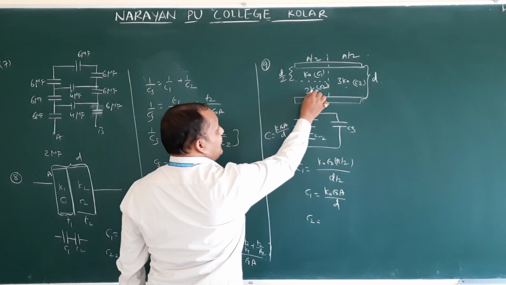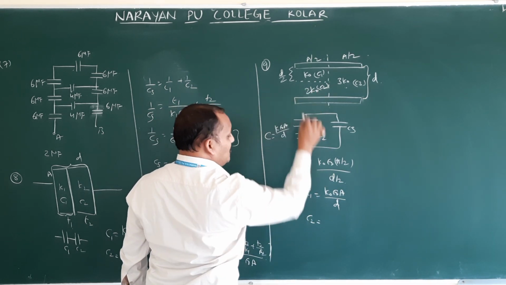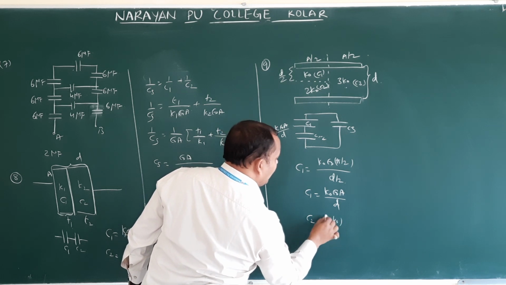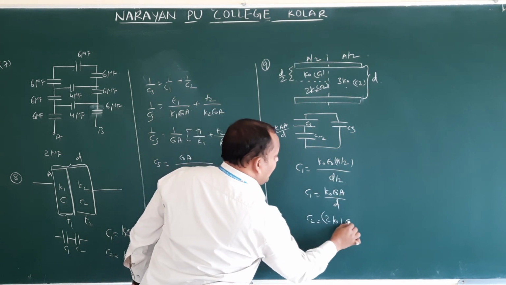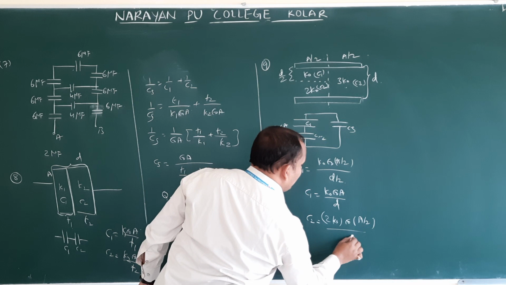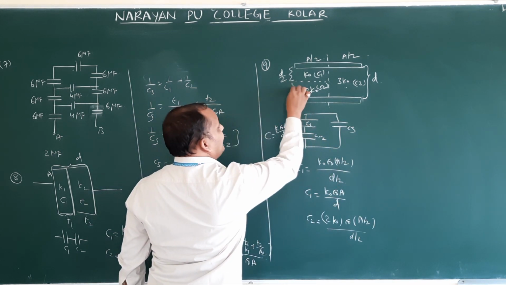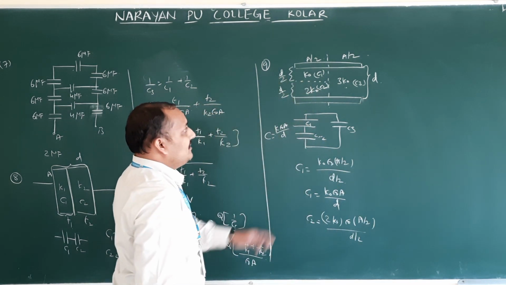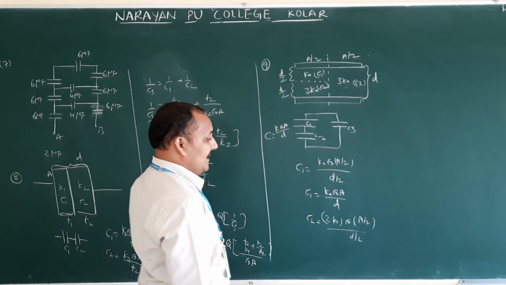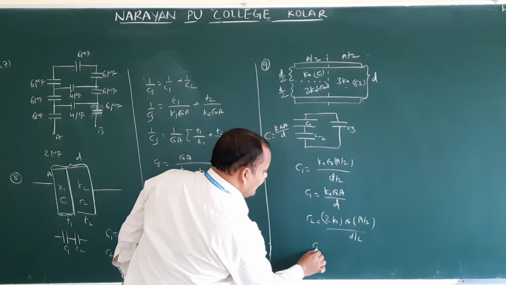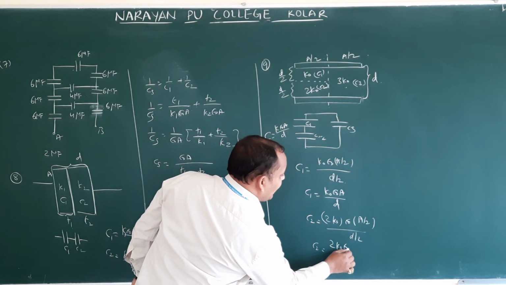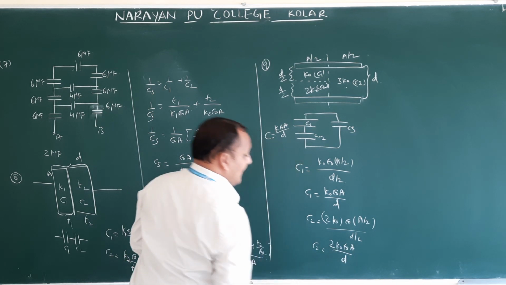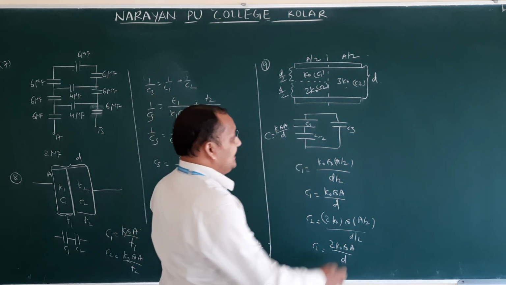In place of K, we have 2K0, epsilon naught, and again A by 2, D by 2. The remaining distance also becomes D by 2. Therefore, A by 2 and D by 2 cancel. C2 is equal to 2K0 epsilon naught A by D. Next, C3.